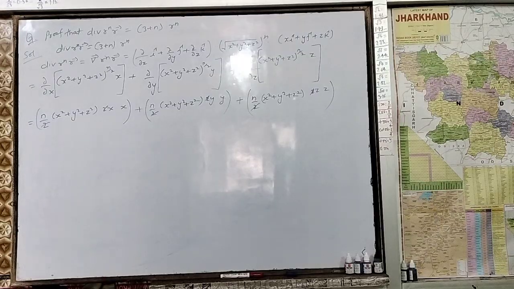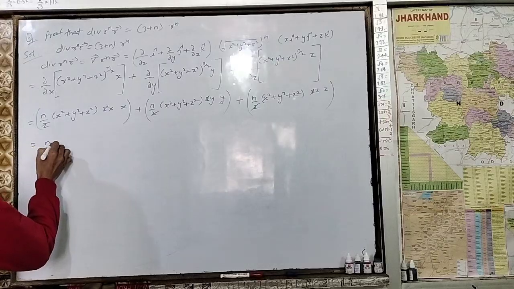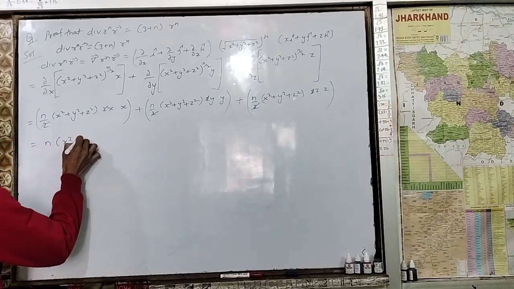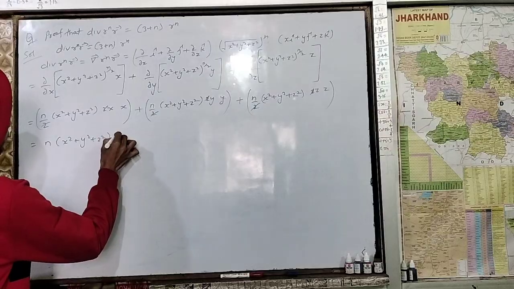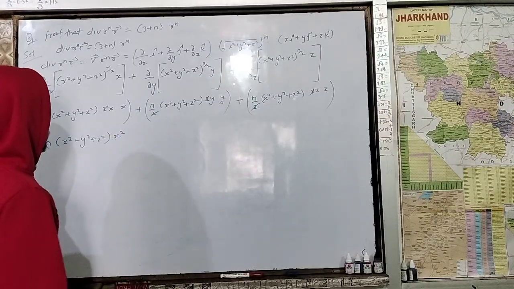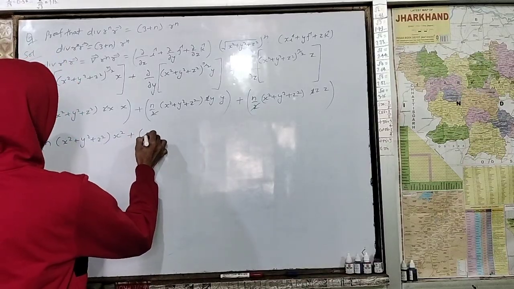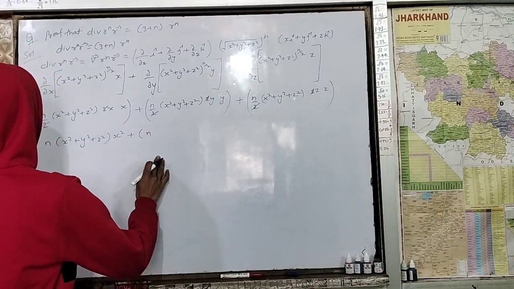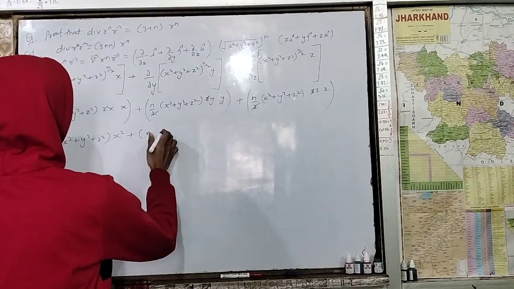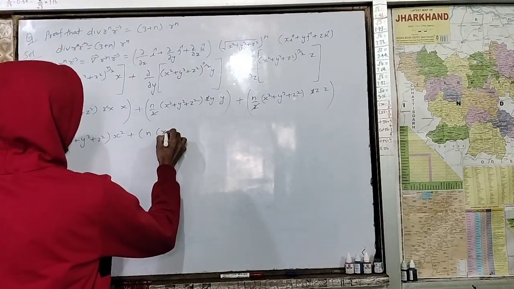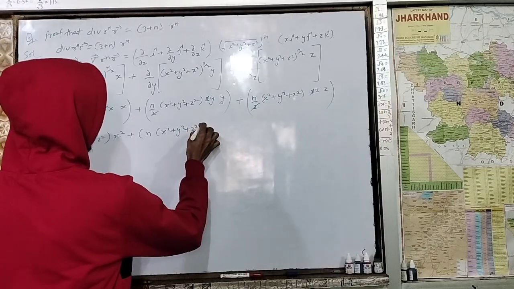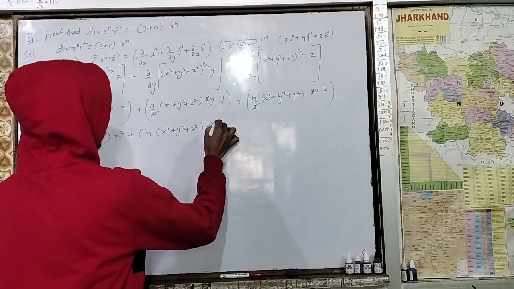So we have x square plus y square plus z square again. You can see n times x square plus y square plus z square, and this is x square. Am I correct? Plus n times x square plus y square plus z square, and it is equal to y square.